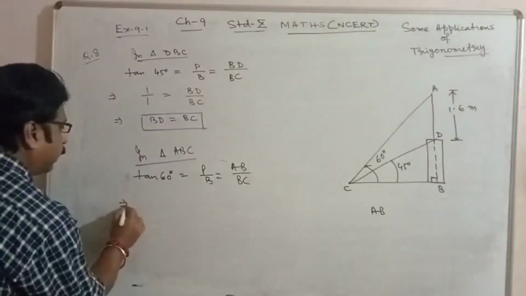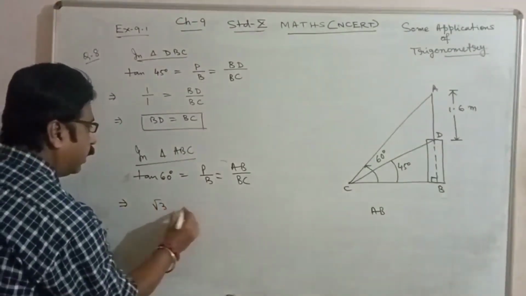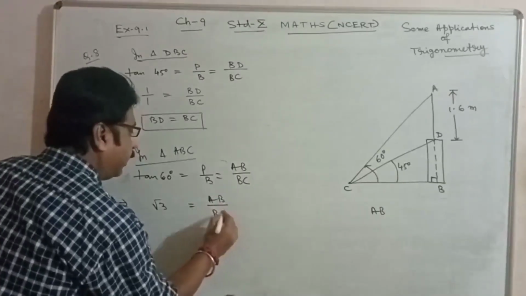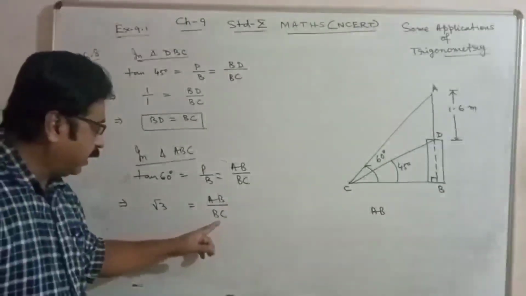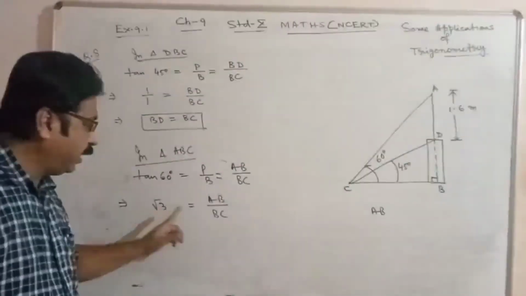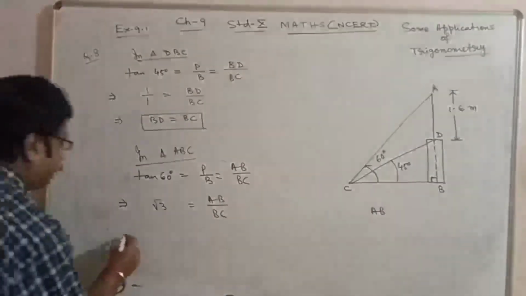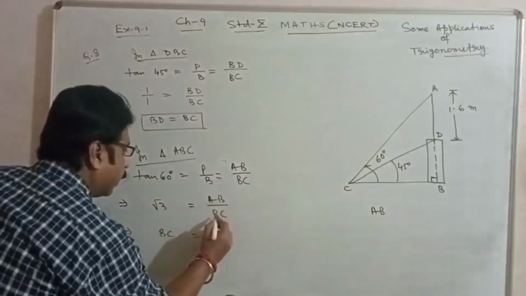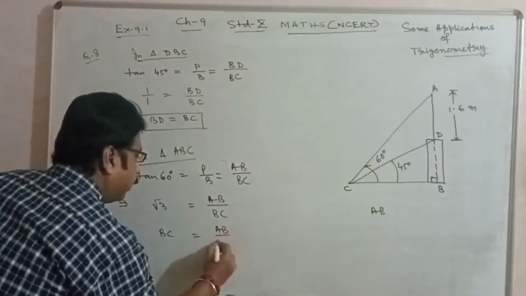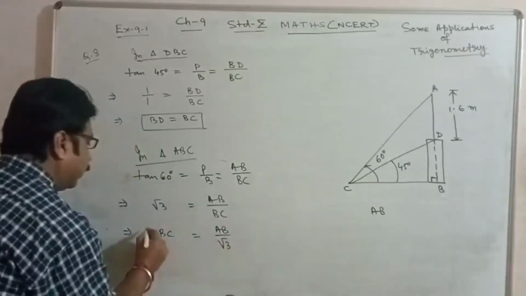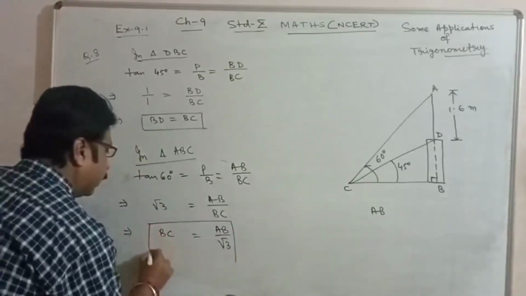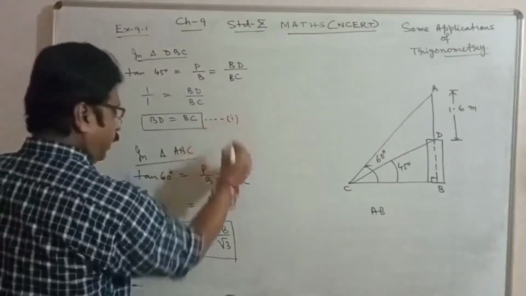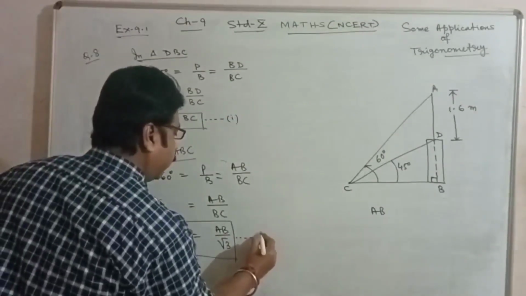Tan 60 is root 3 equals to AB upon BC. Now we can shift BC here and root 3 here. BC will be AB upon root 3. This is suppose relation 1. This is relation 2.